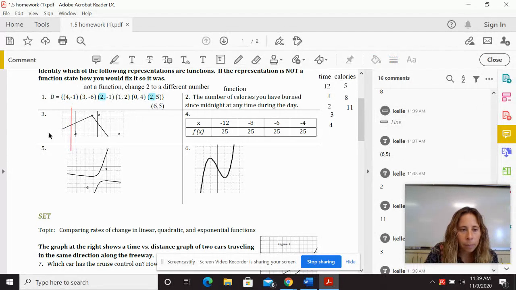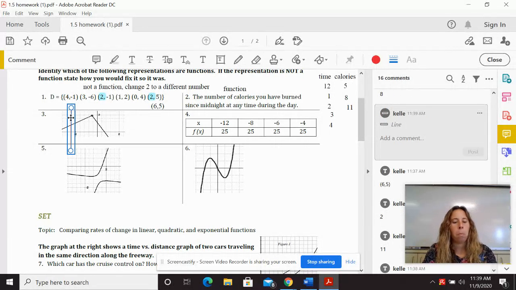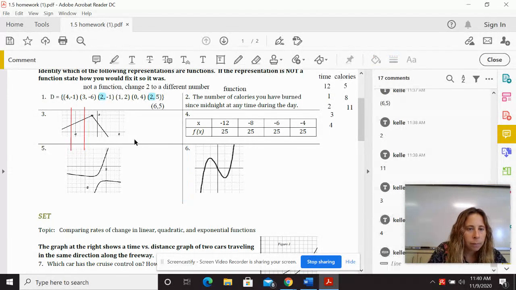Bam. They're only intersecting at one time. Actually, I'll just make a lot of those. All right, so then here's another vertical line. Okay, only intersecting the graph at one point.